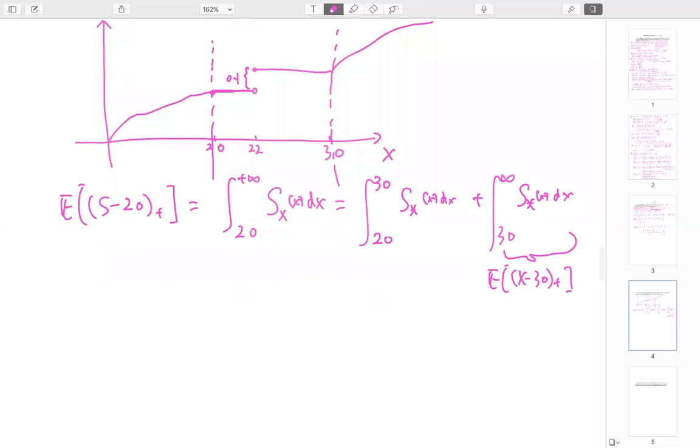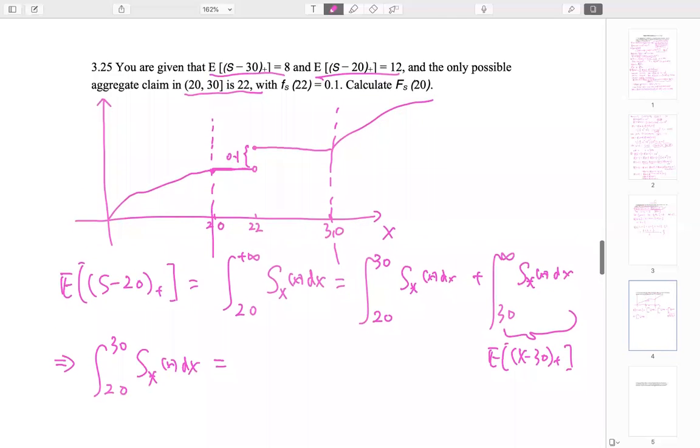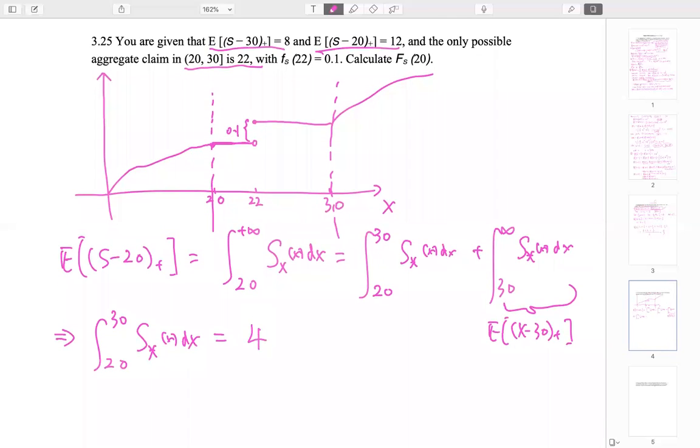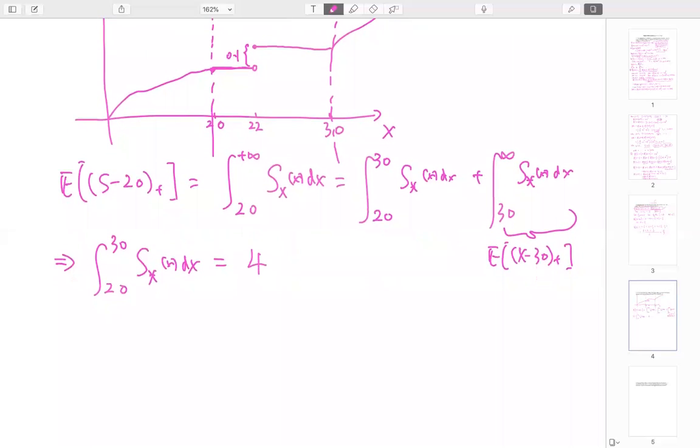So from this, we know this is the difference. The difference is 12 minus 8, so it's 4. Okay, now let's analyze this piece. If you want, you can use the CDF to convert, or we know, let me write it as this.